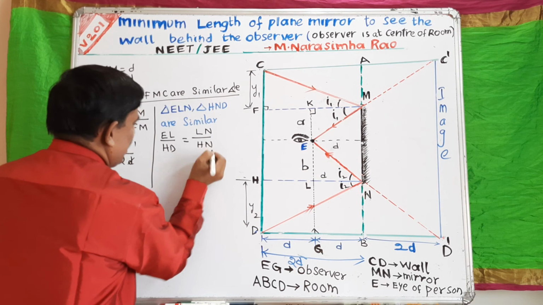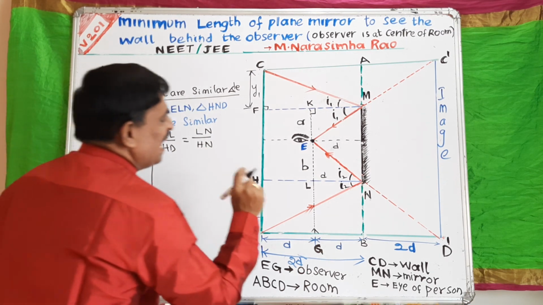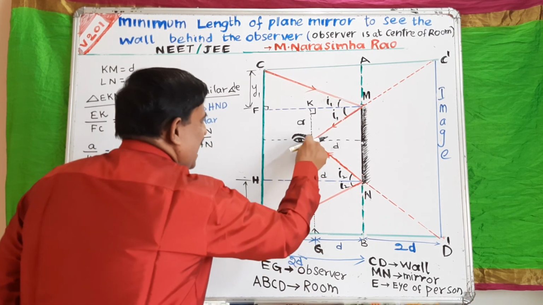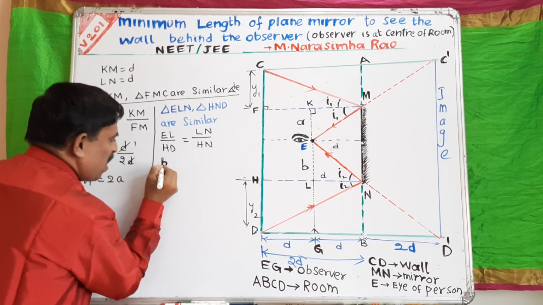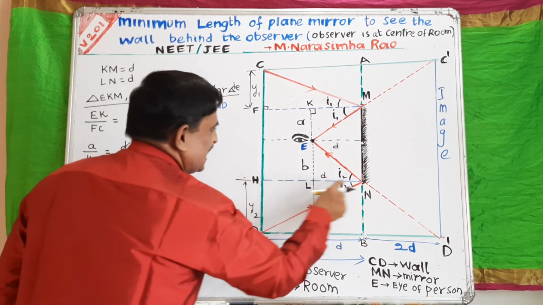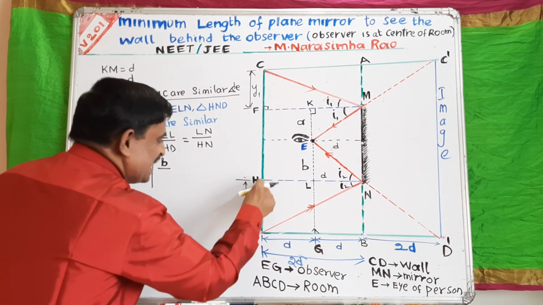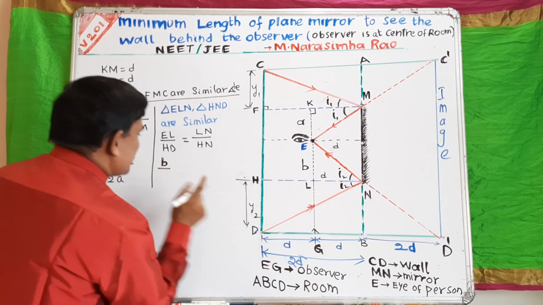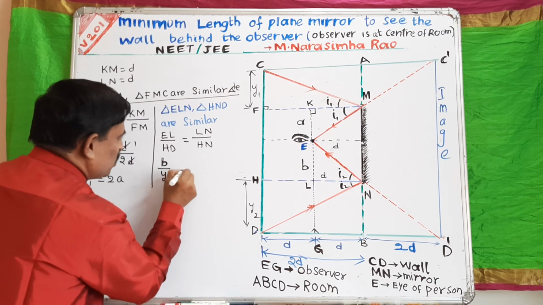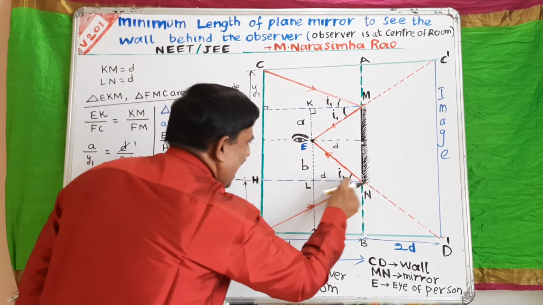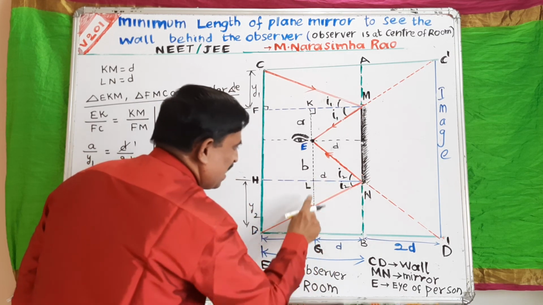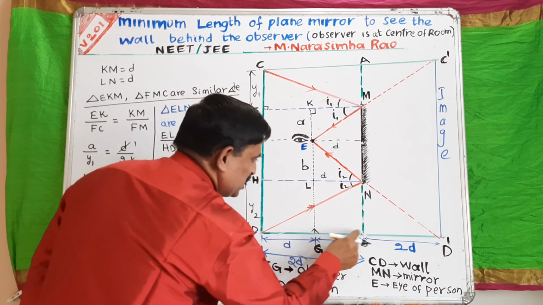Now please listen. EL distance I am taking as small b. EL distance means small b, by HD distance, I am taking as Y2. That is equal to LN. LN distance is nothing but small d, equal to GB.